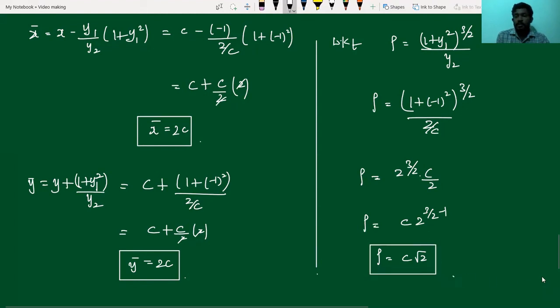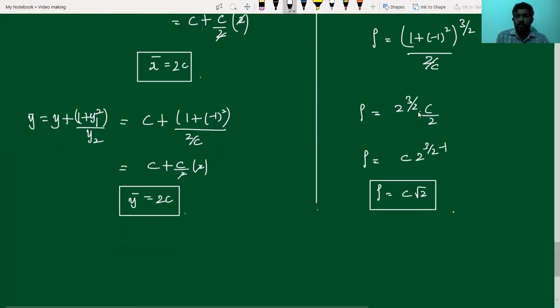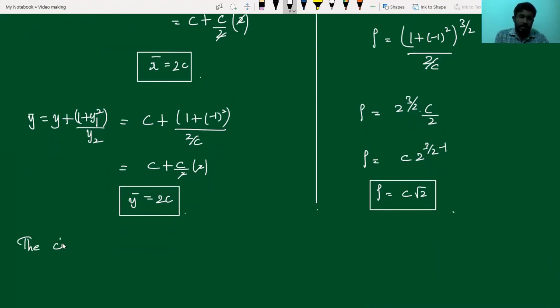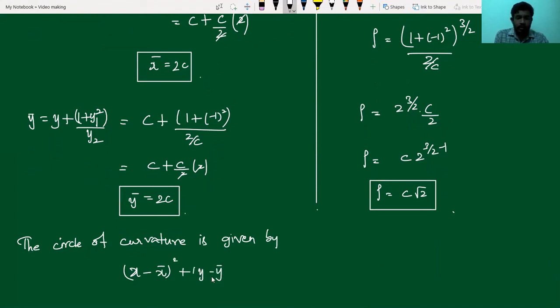Now we write down the expression for the circle of curvature. The circle of curvature is given by x minus x bar whole square plus y minus y bar whole square is equal to rho square.